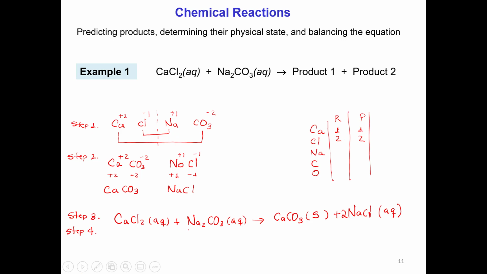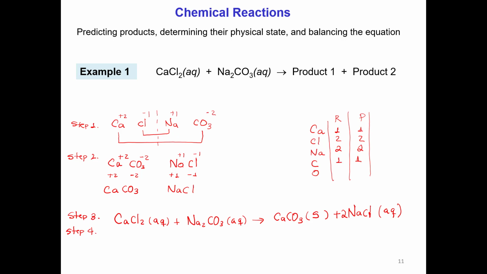Sodium, we have 2 sodiums here and 2 here. Remember to multiply the whole molecule, so 2 and 2 in the case of sodium. Let's see what happened with carbon. We have 1 carbon here and 1 carbon here, so there's no problem with carbon.